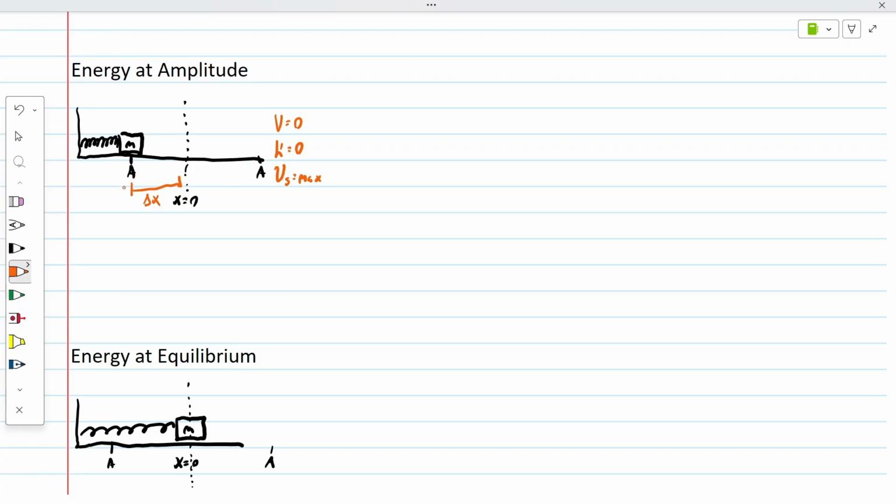And so we know the total energy equals the spring energy plus the kinetic energy. But in this case, the kinetic energy goes to 0 and we have just our spring energy. So our E total will just equal 1/2 k times the change in x, but in this case the change in x just equals the amplitude. So we have amplitude squared. And so this is our first equation.